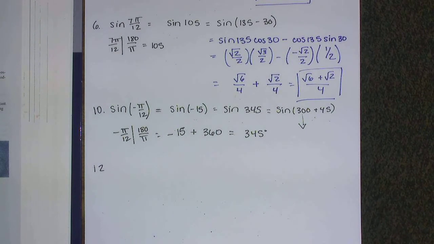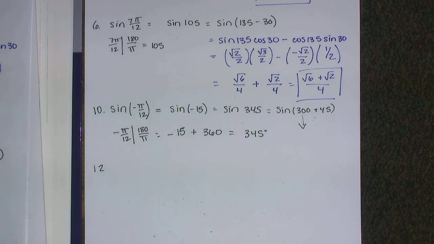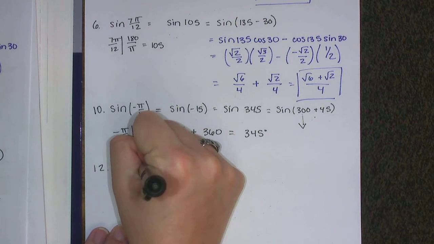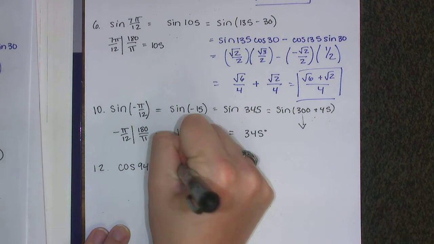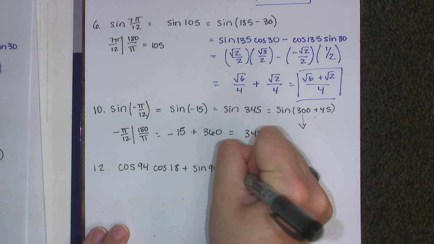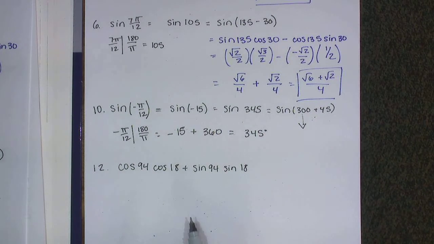So we're given cosine of 94, cosine of 18, plus the sine of 94, sine of 18. So we want to get back to what the original problem statement was. So in this one, they've already filled in the formula. We want to tell what it was the sum and difference of. So it's kind of the reverse of what we were doing up here.